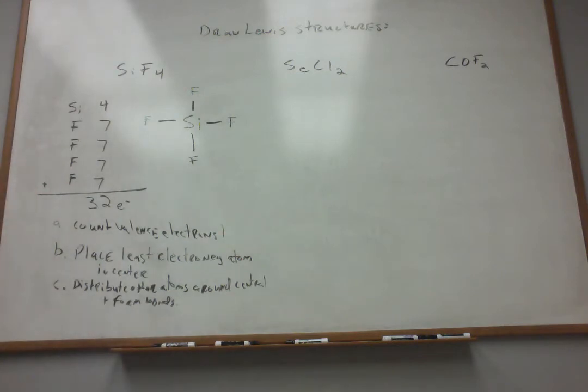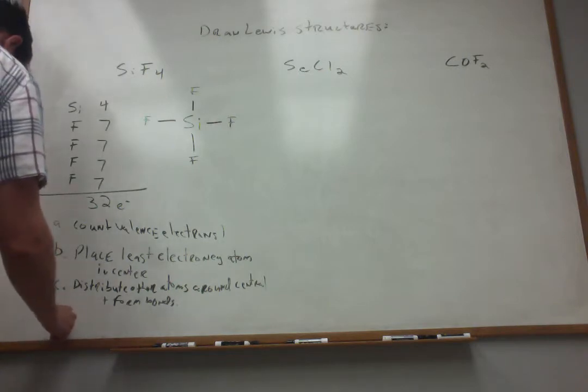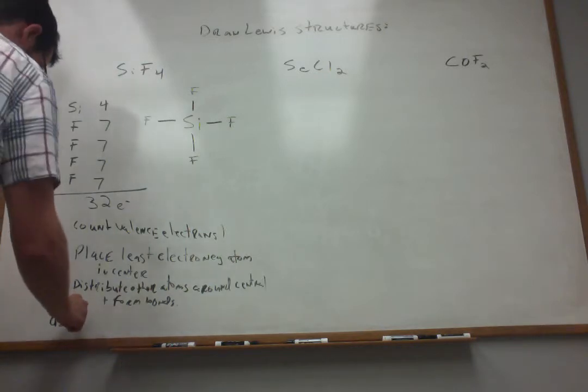Again, electrons need not be shared equally, but they are shared to some certain extent. Okay? All right, now one of the last steps here, as we proceed through drawing our Lewis dot structure, is to distribute the remaining electrons to complete octets.